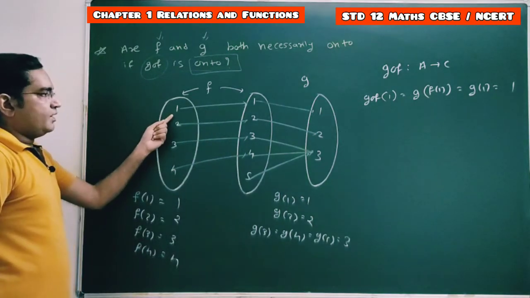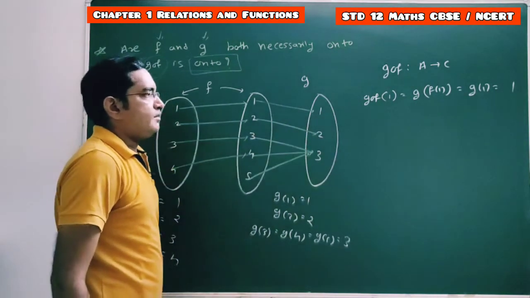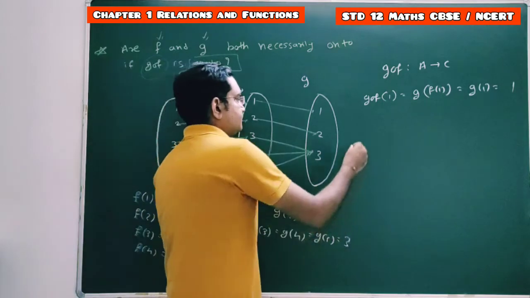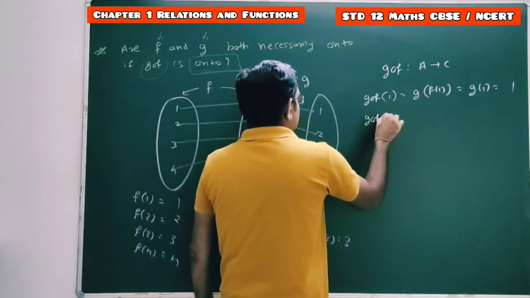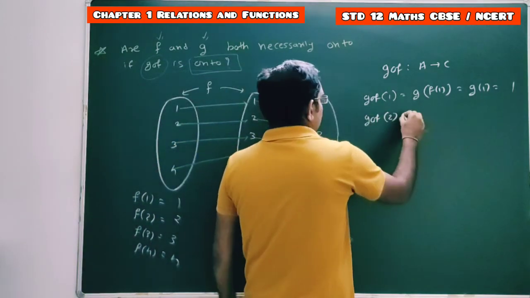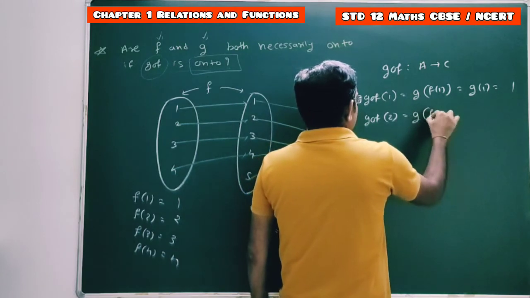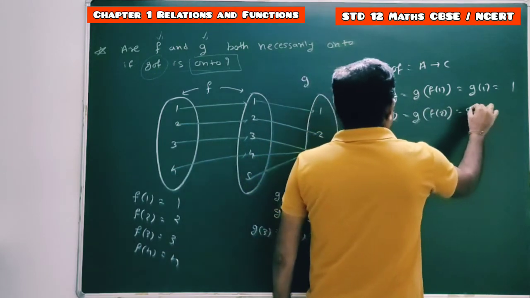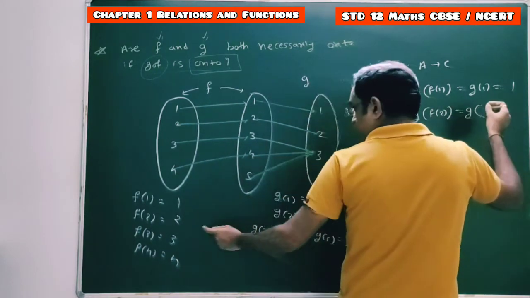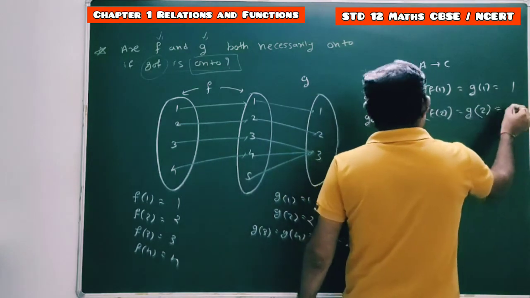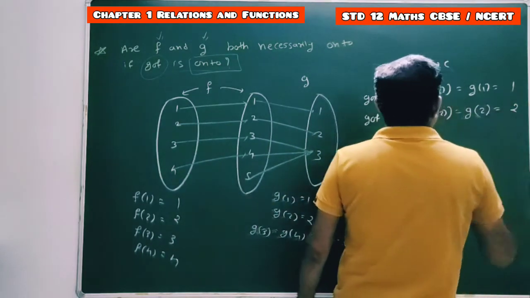For 1 in the domain, we are getting 1 as an image in the codomain. Now gof 2 equals g of f of 2, which is g of 2, and g of 2 is 2.